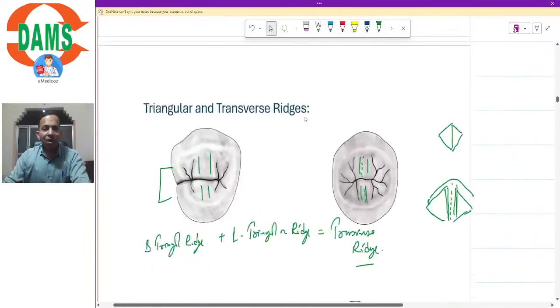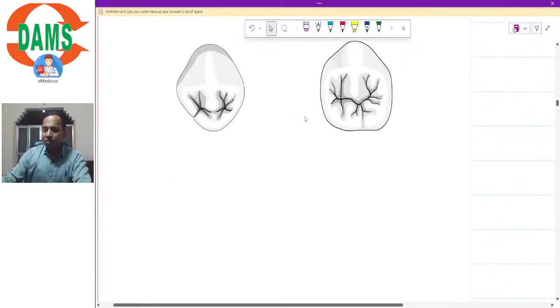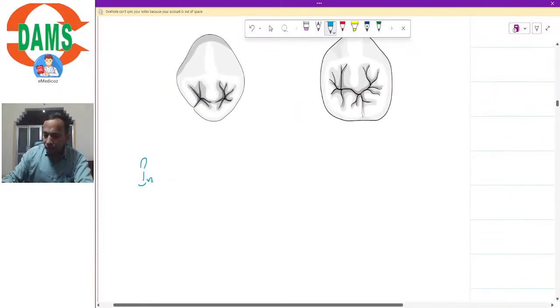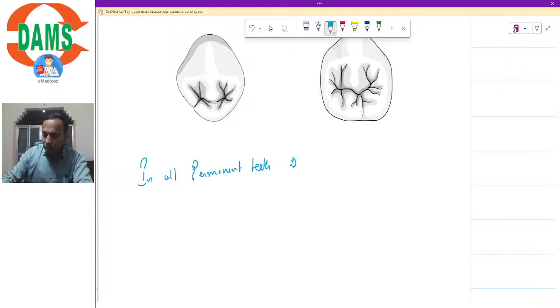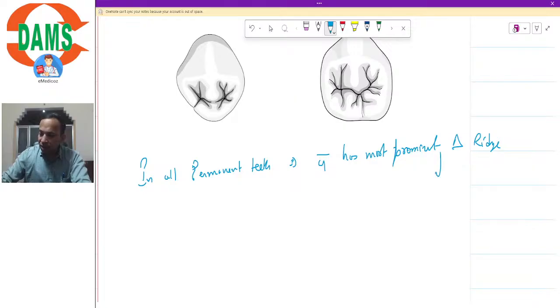So, you can say amongst all the permanent teeth, in all permanent teeth, mandibular first premolar has the most prominent triangular ridge. And which is this triangular ridge? It is the buccal triangular ridge.